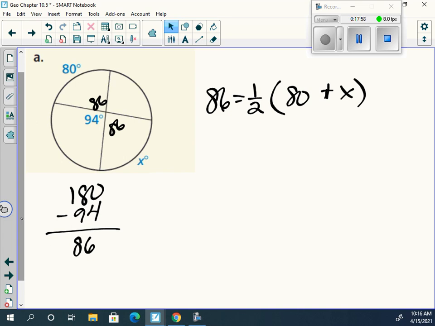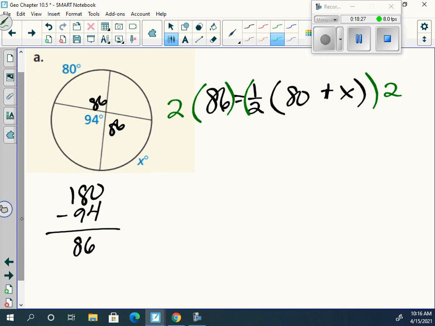Okay. Now, there's two directions we could go. The first one is that I can multiply the 80 and the x by 1/2. 80 times 1/2 would give me 40. That works out fine, yes? Can I divide x by 2 evenly? No. So what we can do instead is I can multiply both sides by 2.